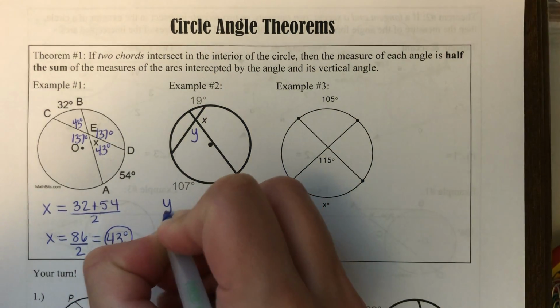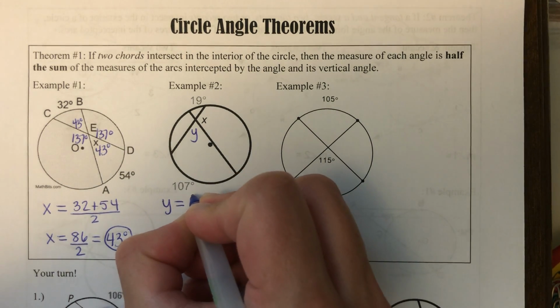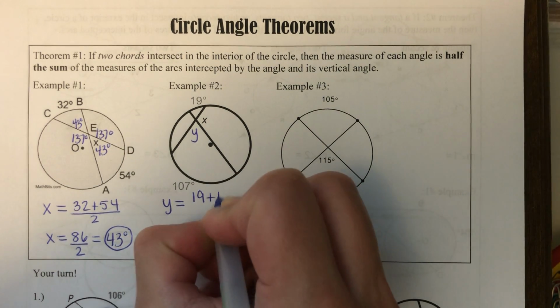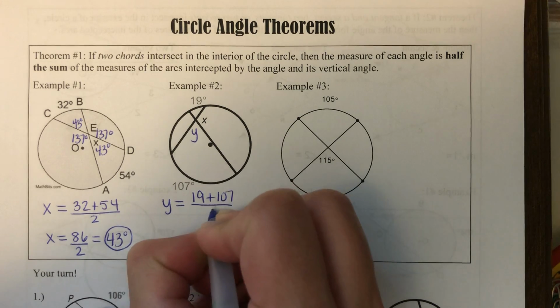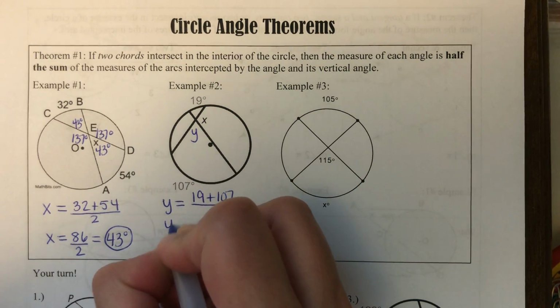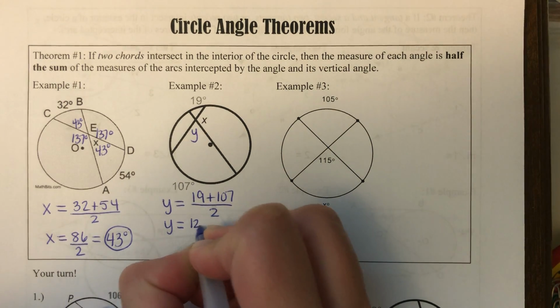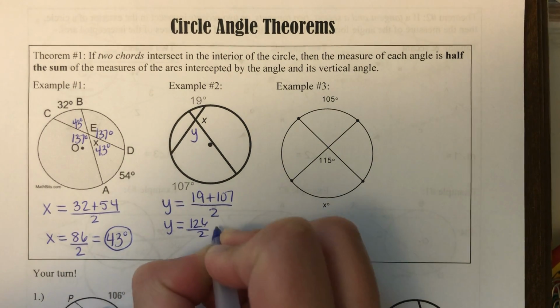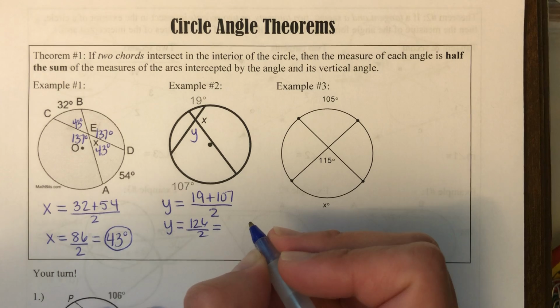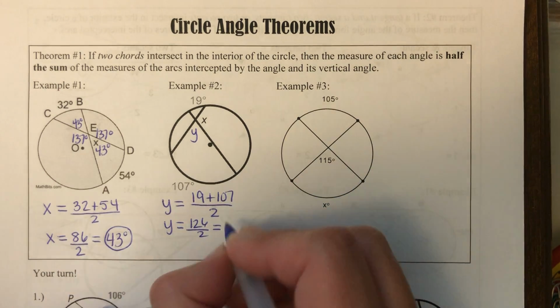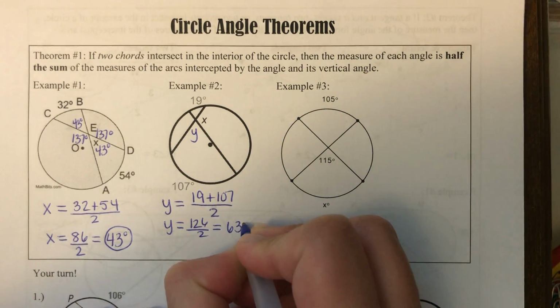So y equals, and we're going to add the two arcs and divide by 2. 19 plus 107 is 126. Divide that by 2, and we find that y is 63 degrees.